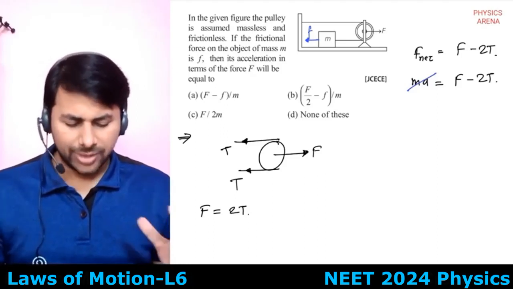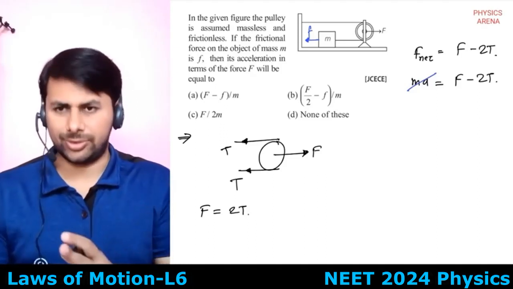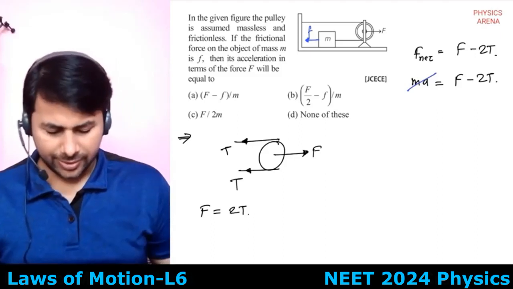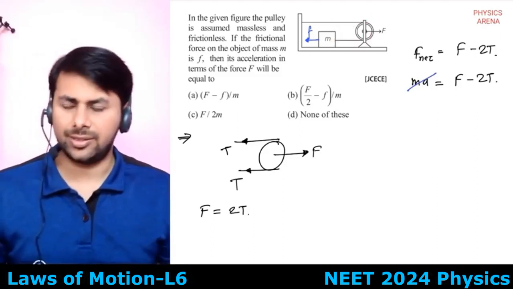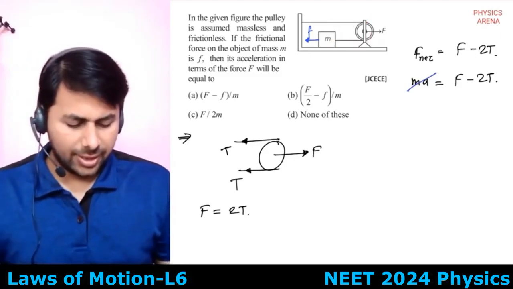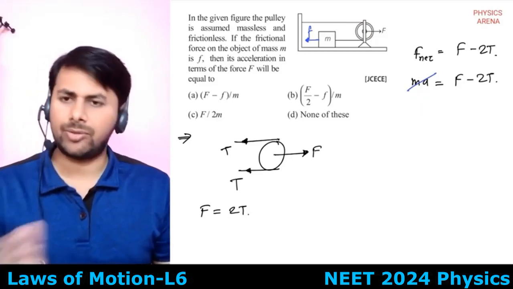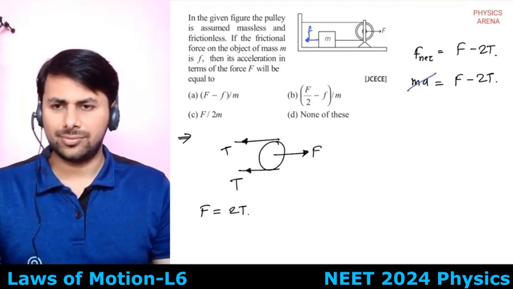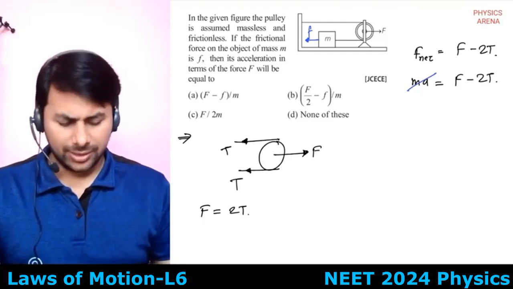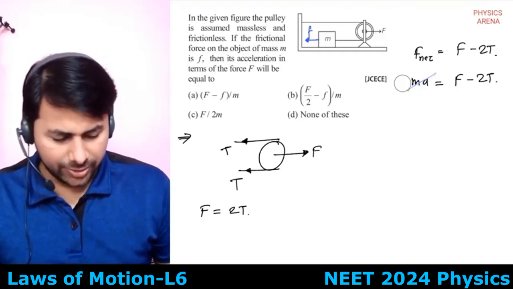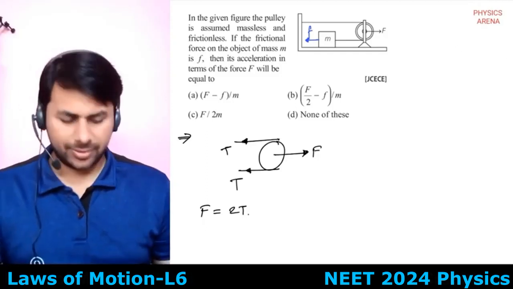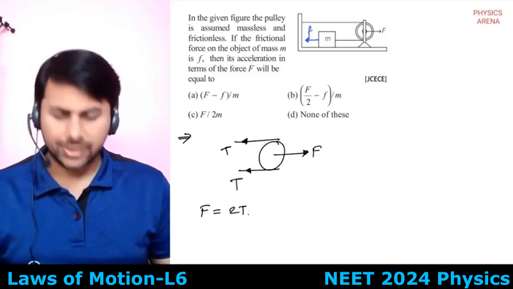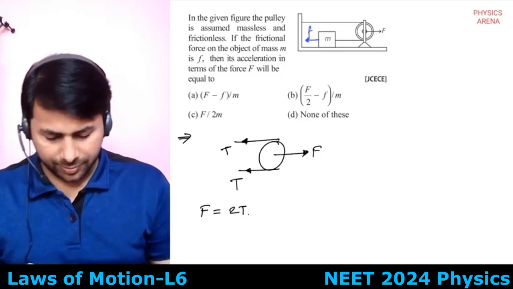So what is the pulley doing? It is just transferring the force to the tension in the string. That's it, nothing else. So this is 0. So F will be equal to 2T. Yes, no? But from this point onwards, you don't need to do this step. Don't do this step. Just F is equal to 2T.